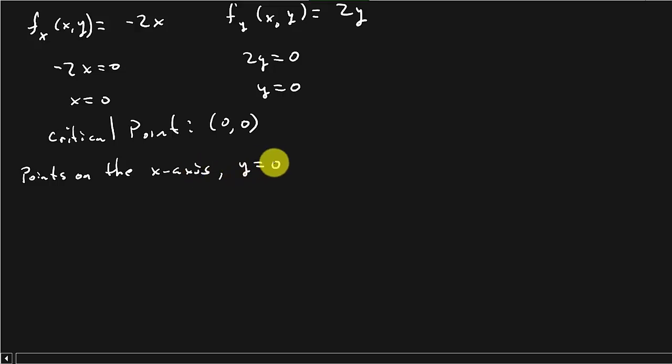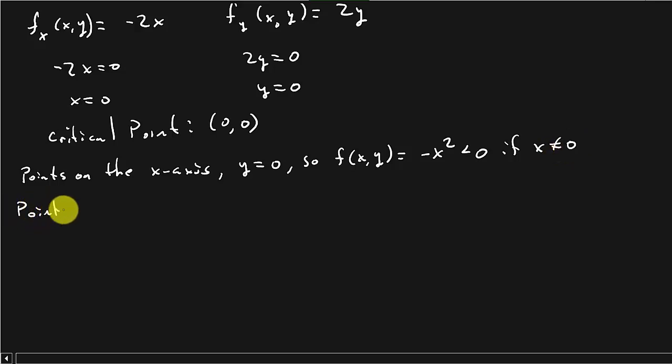That means y is equal to 0. So f of x,y is equal to negative x squared, which is less than 0 if x does not equal 0.